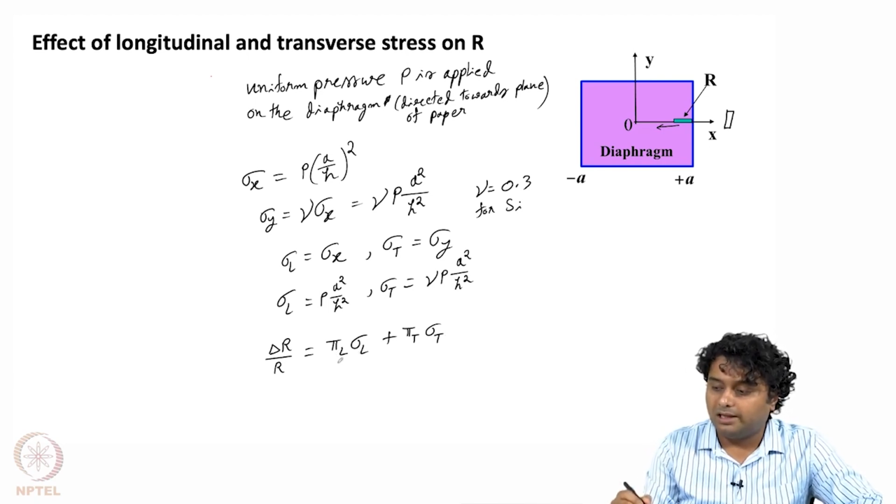The piezoresistive coefficients along the longitudinal direction and the transverse direction are not the same. So delta R by R will have both components: the piezoresistive coefficient in the longitudinal direction into stress in the longitudinal direction, plus the piezoresistive coefficient in the transverse direction into stress in the transverse direction.